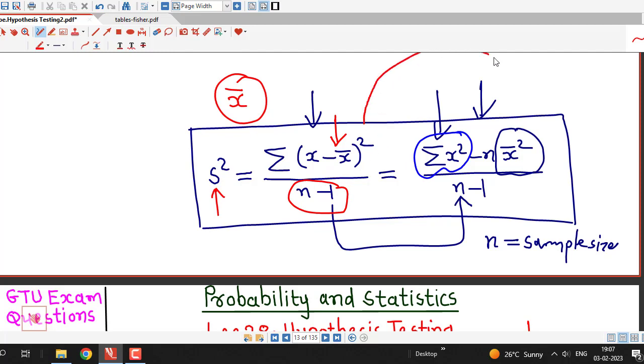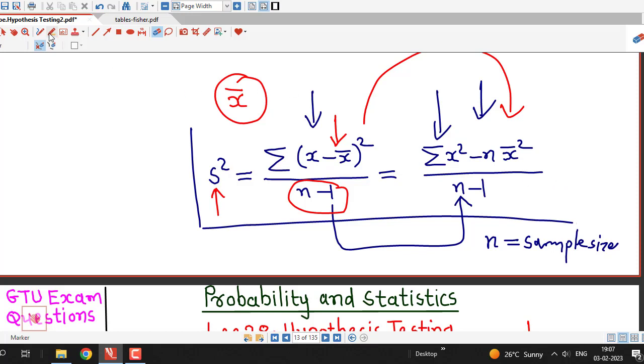We can also rewrite this formula in this form. It is given by sigma x square minus n times square of sample mean divided by n minus 1. And this shortcut formula is helpful if our x bar is not an integer.